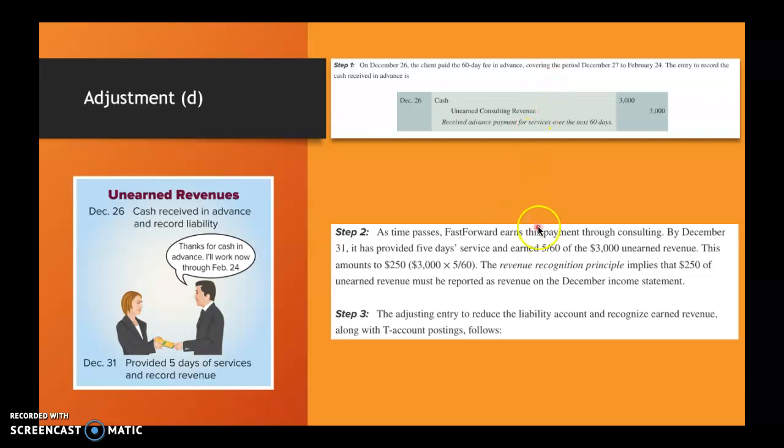Down here, to figure out how much we need to recognize, we multiply the revenue that we received, $3,000, by the 5 days out of the 60 that take place in the current year ending December 31st. So 3,000 times 5 over 60 is $250. We need to record this 5 days' worth of revenue for the current year.